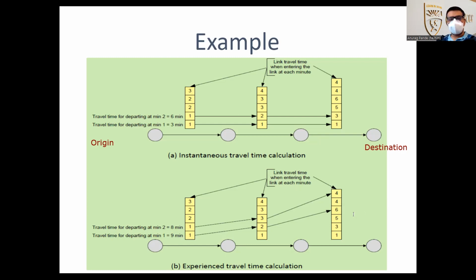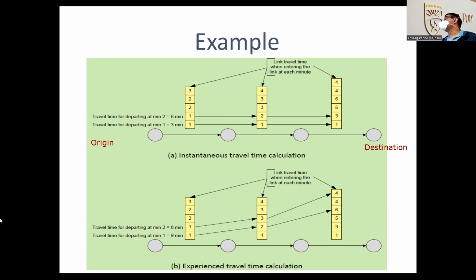These boxes represent the travel time on each of these links. Because I'm trying to simplify the problem, I'm not giving you equations of the link performance functions anymore. I'm giving you this easy to interpret link performance function.